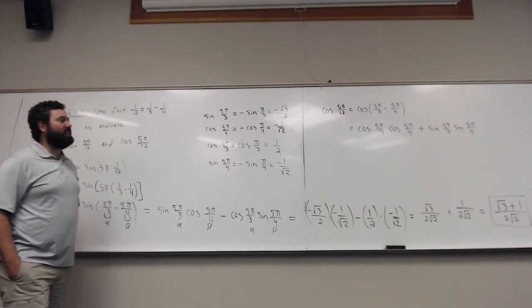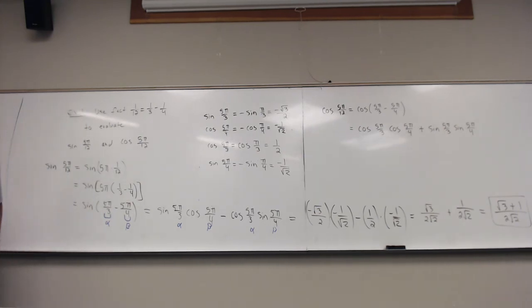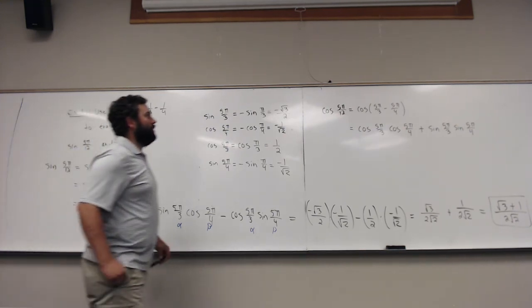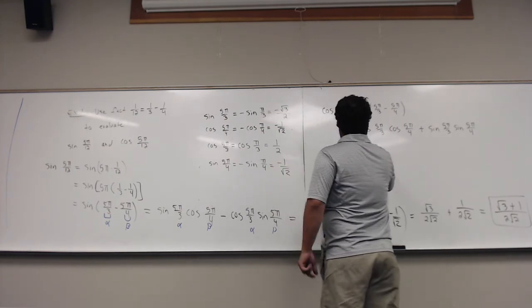So cosine of a difference of angles is the product of the cosine of both angles plus the product of sine of both angles. And then I think now you can just plug and chug. Cosine 5 pi over 3 was 1/2.